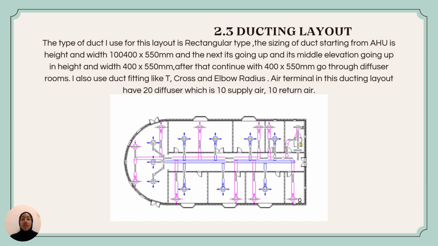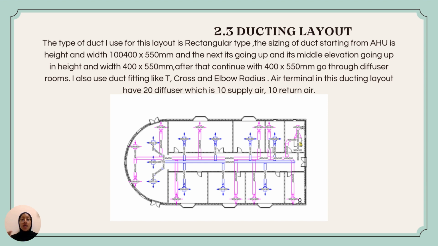The sizing of the duct starting from the AHU is height 100 multiple 550 mm, and the next it's going up, and its middle elevation going up in height and width 400 multiple 550 mm, and after that continue with the same dimension and go through to diffuser rooms.